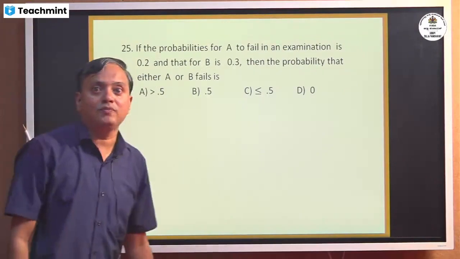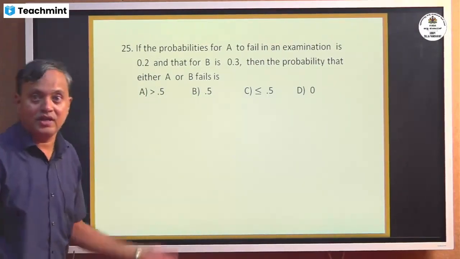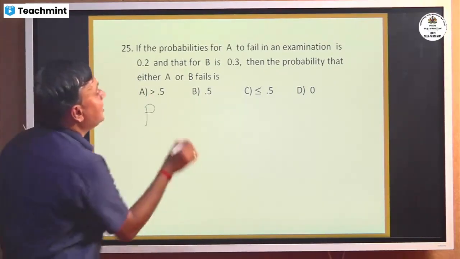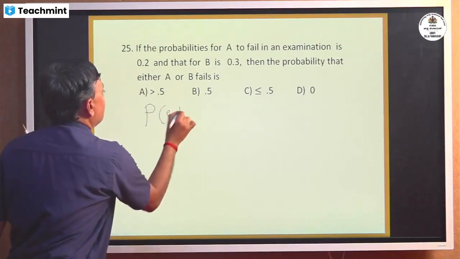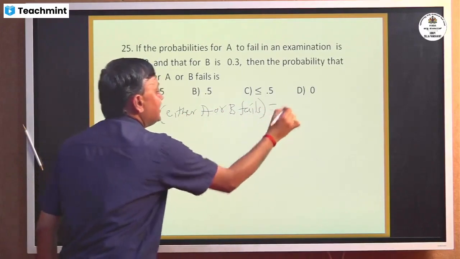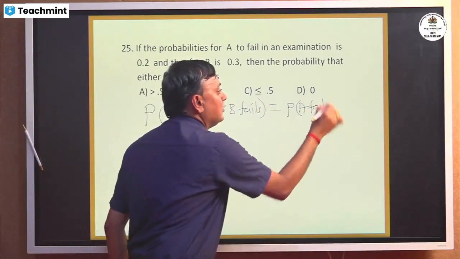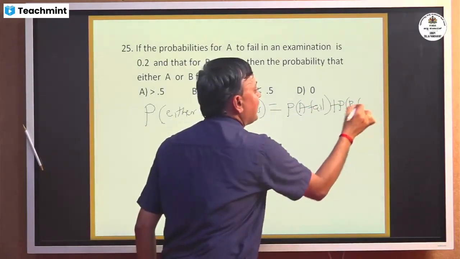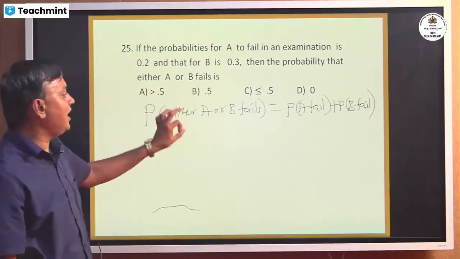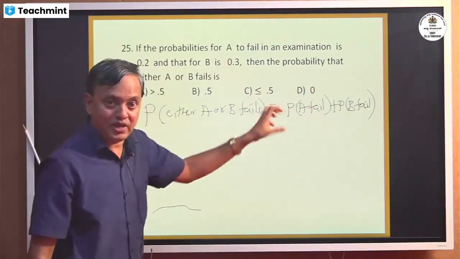If the probability for A to fail in an examination is 0.2 and the probability for B is 0.3, then the probability of either A or B failing is equal to, by formula, probability of A fail plus probability of B fail. Minus comes, but that is not needed.